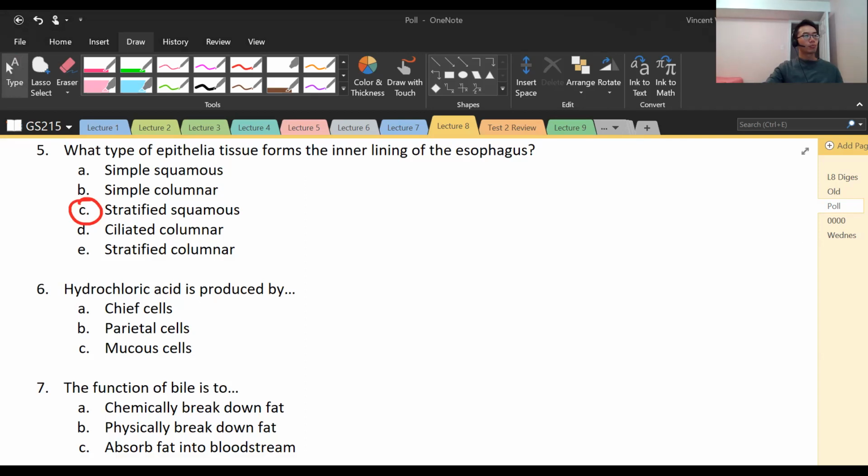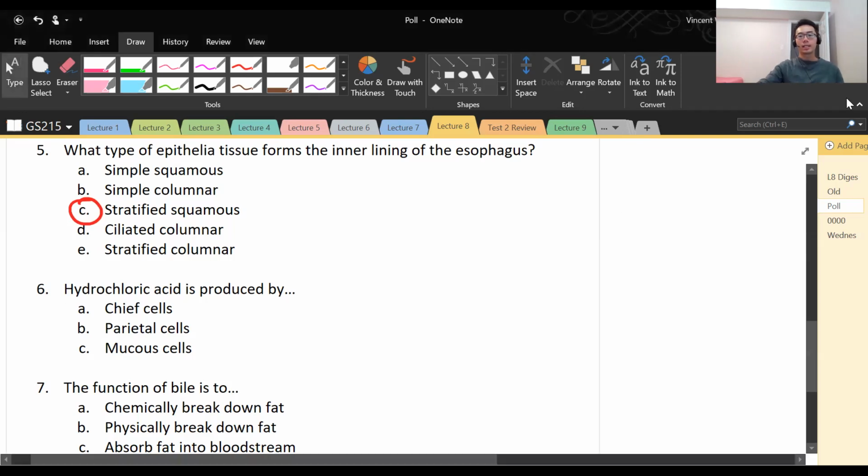Anyone else? Only have 5 responses so far. Okay. The correct answer is the parietal cells. It's just like a factual question, right? Something that you just have to memorize. There's no explanation for it.